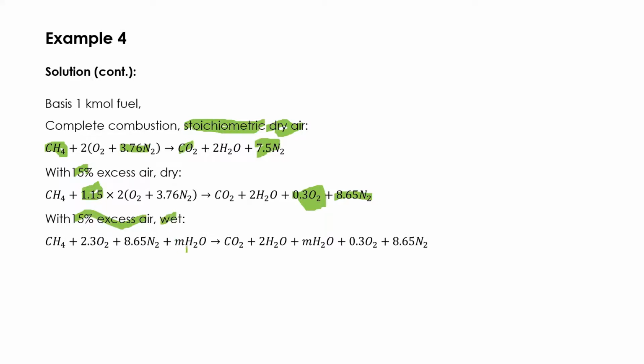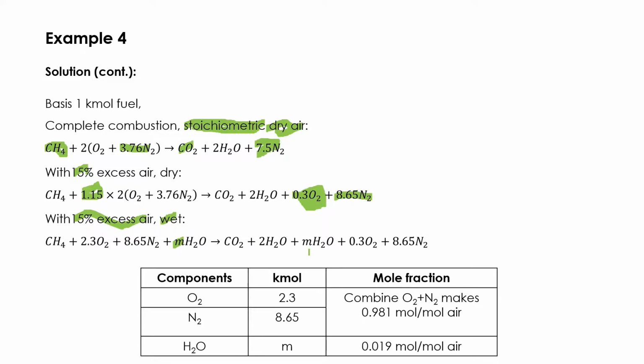So now we bring in the 15% excess air with water. Remember that you have an M portion of water, so you break down everything here and bring in the water, so there will be an M extra amount of water, and in the end you also have this water that comes in together with the air in your stack.